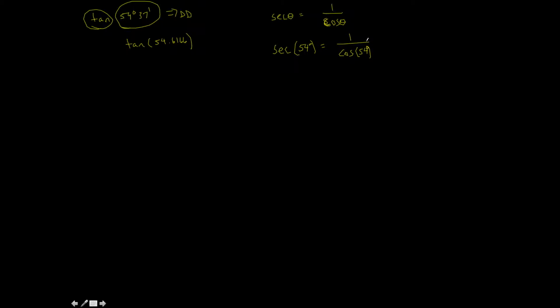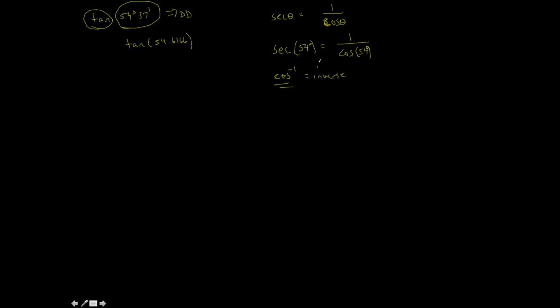One thing I don't want you to get confused is there is an arc cosecant or an inverse cosecant button on your calculator. This right here, folks, is not 1 over cosine. That's not 1 over cosine. This is the inverse, not the reciprocal.